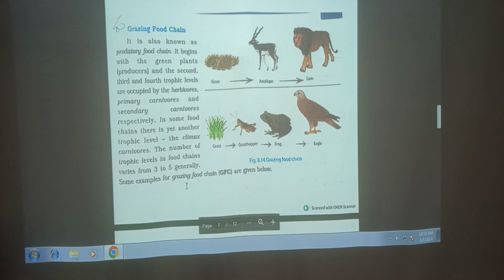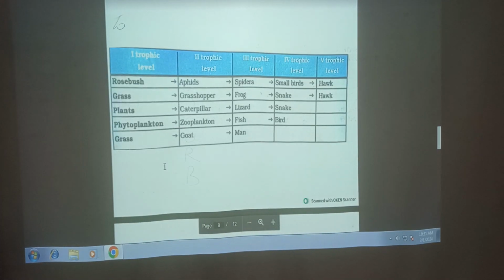Some examples of the grazing food chain are given below. These are very important models. This is the first trophic level, the second, third, fourth, and fifth trophic level. First trophic level: rose bush, the producer. Then aphids, spiders, small birds, hawk.